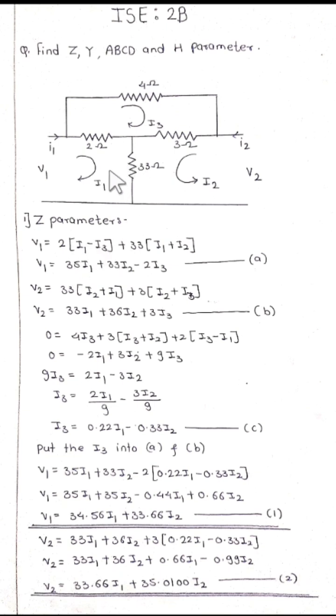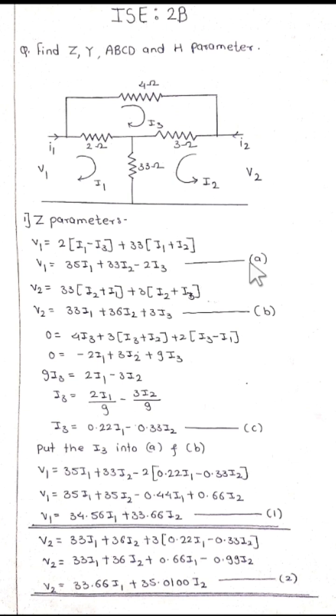Then this 33 ohm resistor is shared by the two loops, but because of the opposite direction we write plus, means 33 in bracket I1 plus I2. By simplifying this we get the equation for V1. We consider this the A equation.